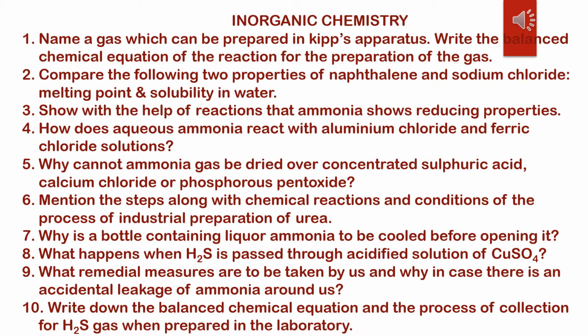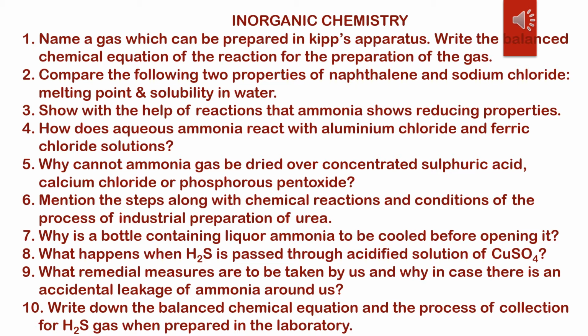Next question. Question number 4. How does aqueous ammonia react with aluminium chloride and ferric chloride solutions? Answer. Reaction of aqueous ammonia with aluminium chloride solution. Aqueous solution of ammonia, that is NH4OH, that means ammonium hydroxide, reacts with aluminium chloride forming white gelatinous precipitate of aluminium hydroxide.